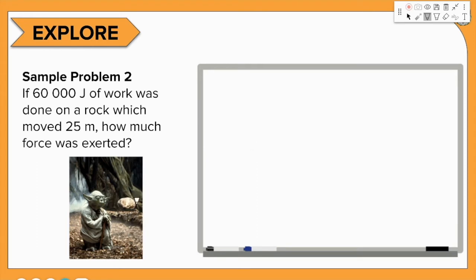Okay, so you see here a picture of Yoda, just to simulate the word problem. So you have a rock and work was done on it, and that work was done vertically because the force was also exerted vertically, hence the rock moved vertically, upward. Okay, so now let's write the given.